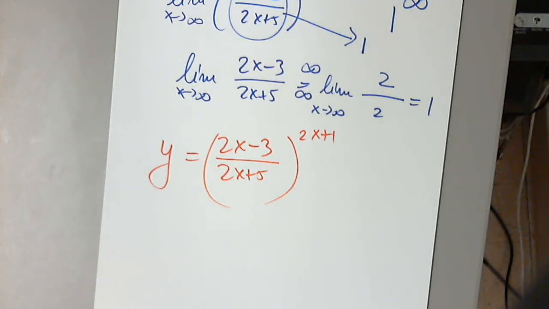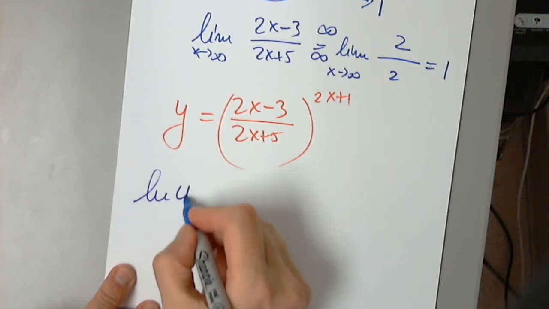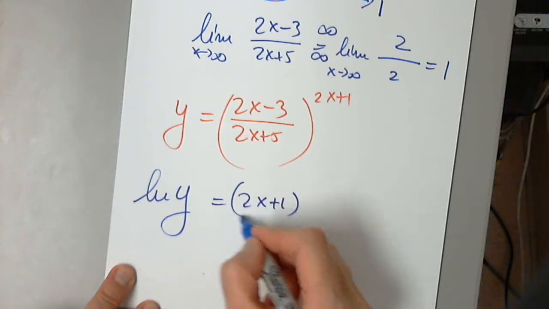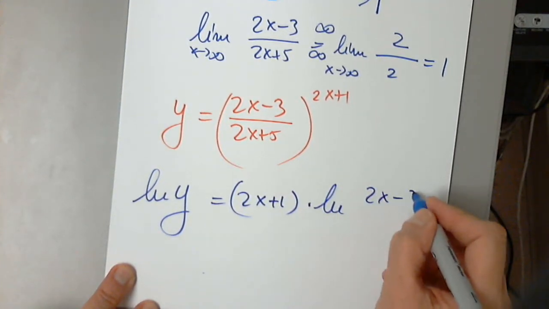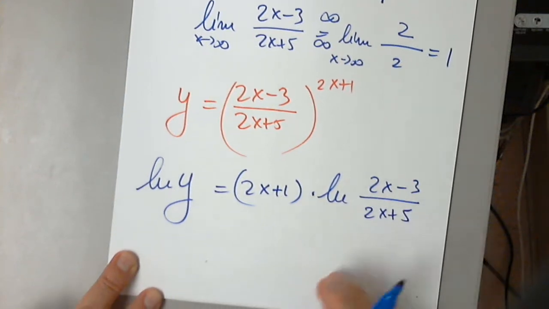So one more time, the first step was to identify the case, because I don't know what to do. Second step is, once I identify and it's a power, either 0 raised to 0, infinity raised to 0, or 1 raised to infinity, then I know I have to take that function out, name it y. What will I do next? Apply natural log. So natural log y equals 2x plus 1 times natural log of 2x minus 3 over 2x plus 5. Do we understand?